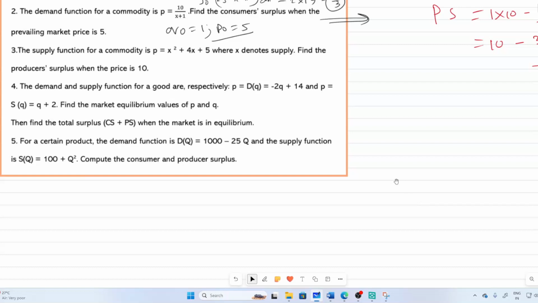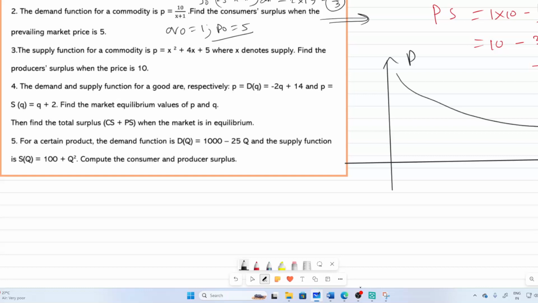So your first thing will be to plot a rough sketch of the graph of these two, demand function and supply function, the way I showed you. Even if you are wrong in drawing it, it doesn't matter. You just draw a shape over there which will help you in better calculation.